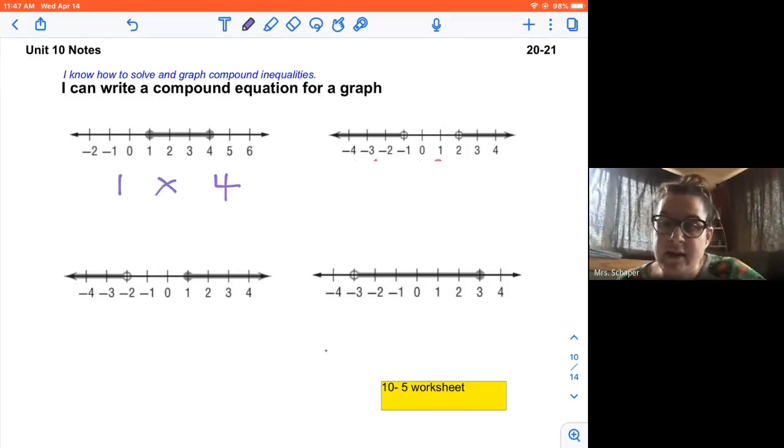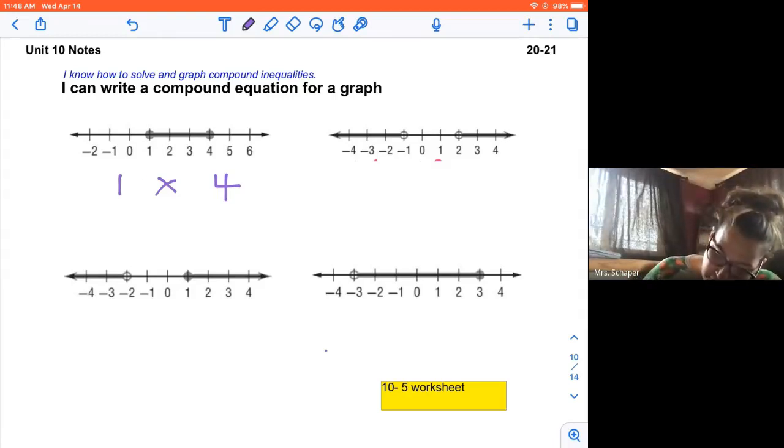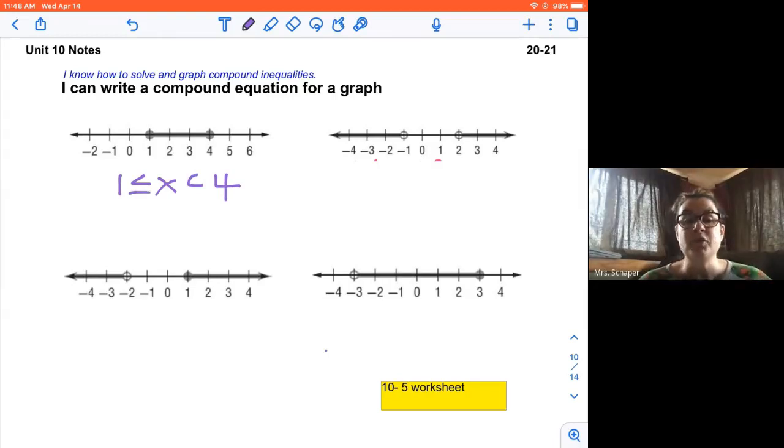When I put in the inequality symbols, they're going to go the same direction. And I have to pay attention if it's filled in, including it, or not filled in. In this case, they're both filled in, so they're both going to be less than or equal to. So 1 is less than or equal to x, which is less than or equal to 4. That's the compound inequality.